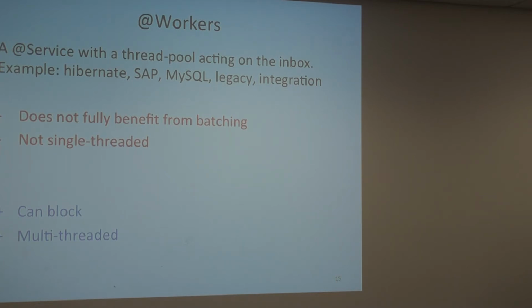If after batch is never called, that means that your requests are coming in faster than you can process. And right now we don't limit the batch size. We just wait until the inbox is empty. But we might want to add a maximum batch size of 1,000 or 10,000. And that's something we want to add in the future. Or if your service cannot process requests fast enough, then you would partition it.